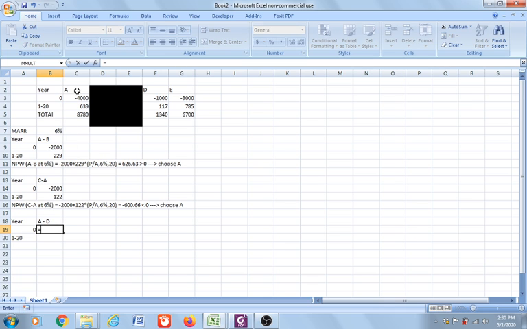Okay, so A minus D. Then we need to calculate the NPW of A minus D at MARR, which is 6%, and that equals minus 3000 plus 522 times P over A, 6%, 20 years, and that will be 2987.34, and that is bigger than 0.